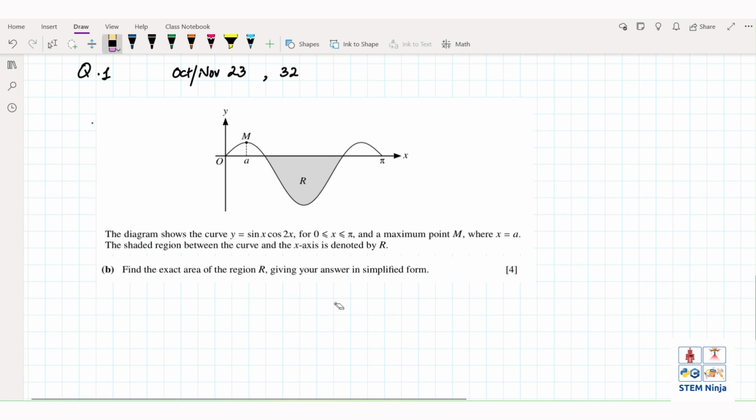So basically what they're asking is we need to find out the area of this function, the integral of sine x cos 2x dx from, let's call this P and Q. Sorry, Q first.